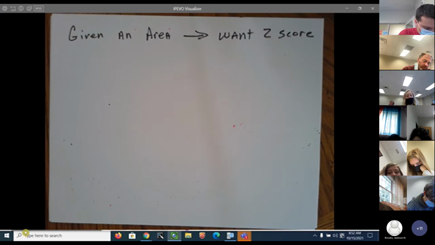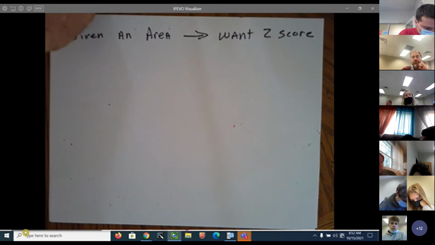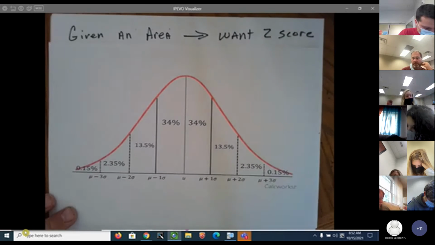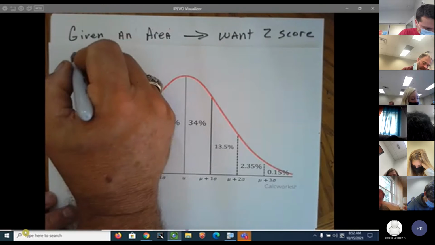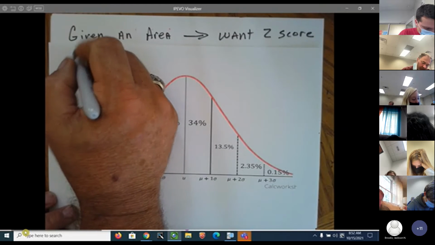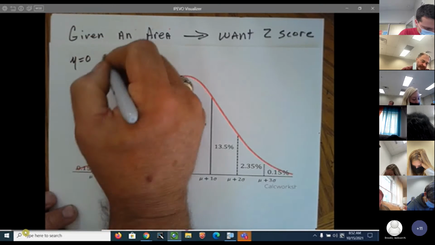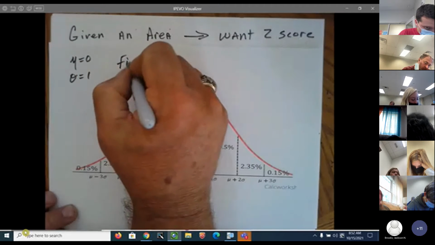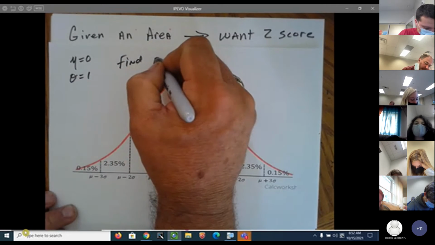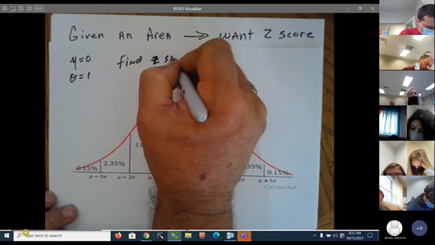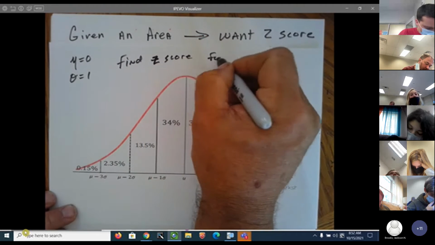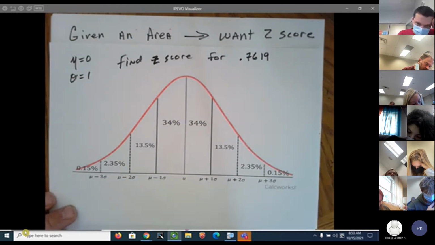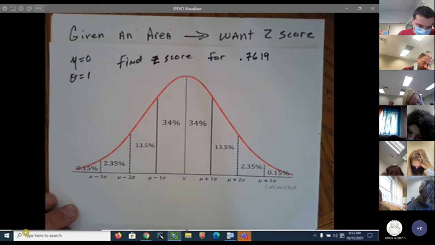Okay, so let's take a handy dandy example, and they say the mean is equal to 0 and the standard deviation is equal to 1. Find the z-score for 0.7619. So the area is 0.76.